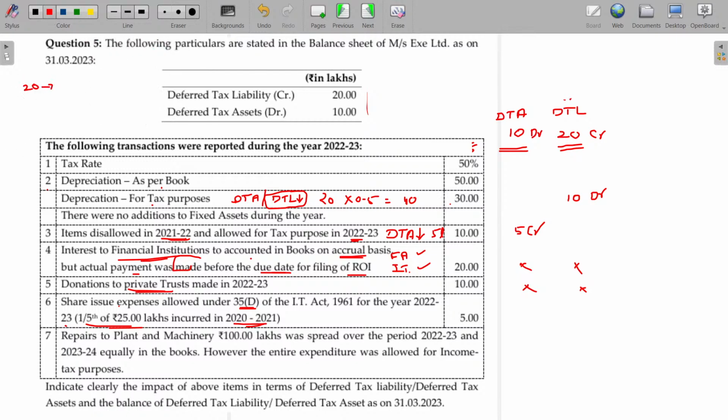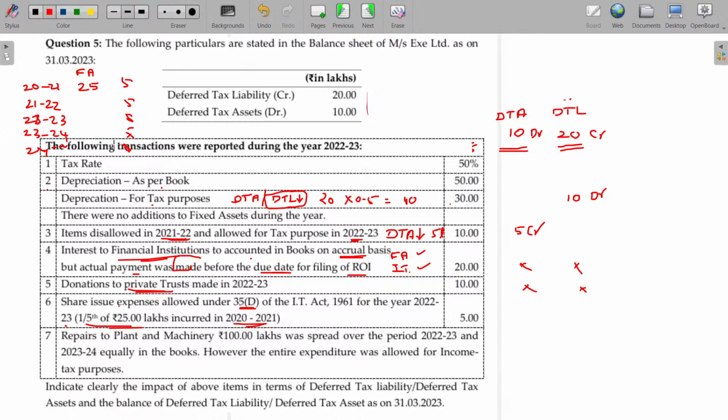Incurred in 2021, the amount spent was 25 lakhs, and that entire 25 lakhs is debited in the financial accounts in that same year. But for tax purposes, it can be amortized over a 5-year period: 5, 5, 5, 5, 5.